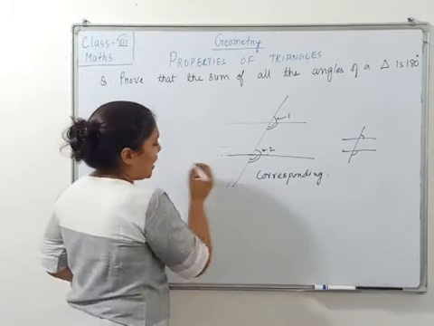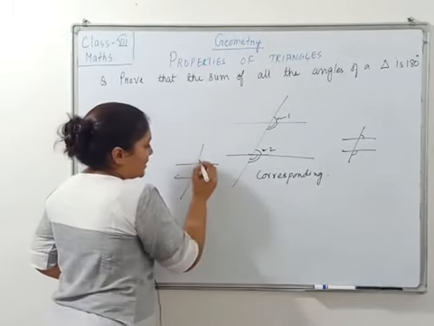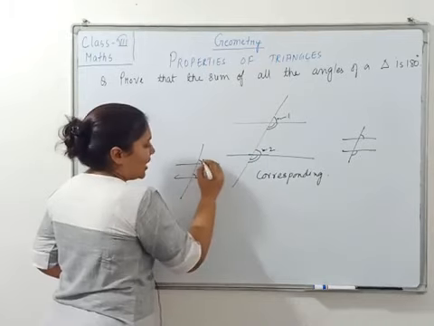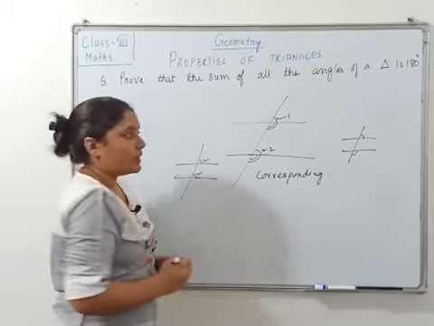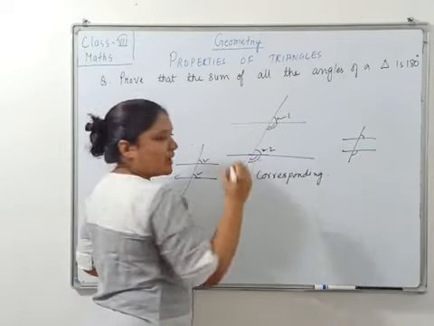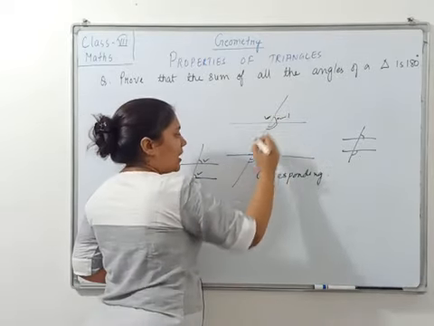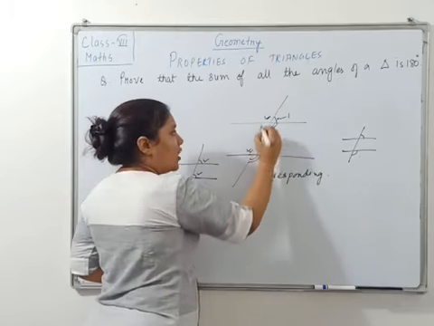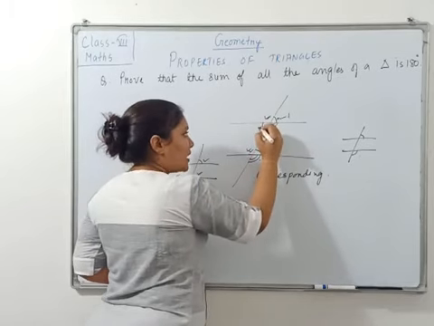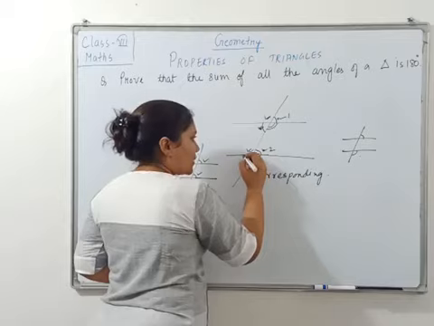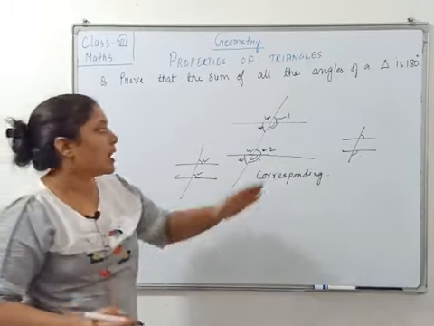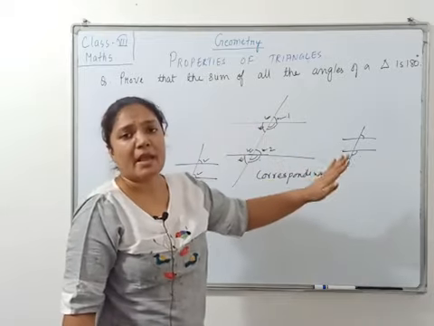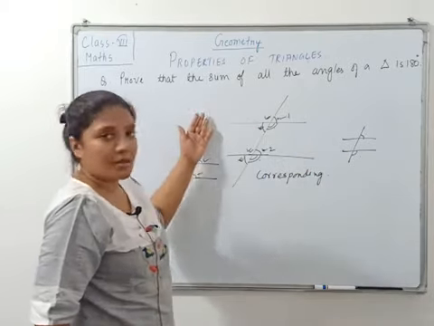Corresponding angles means what? जो लाइन के सेम साइड में सेम डायरेक्शन में, अगर एक ऊपर है तो दूसरा वाला भी ऊपर ही होगा. ओके, अब नीचे होगा तो नीचे वाला ही होगा. अभी इधर भी ये होगा तो इसके साथ ये कॉरेस्पॉन्डिंग होगा, और अगर ये होगा तो इसके साथ ये वाला ही कॉरेस्पॉन्डिंग होगा. Understood students? Corresponding angles means on the same side, either it can be left, it can be right, right?